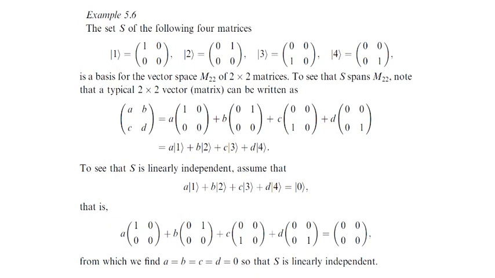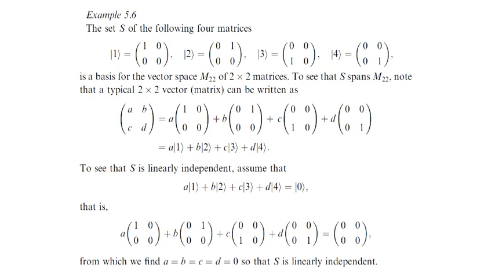Now let's go for another example. You are given a set of 4 matrices like this, where in each matrix the one is changing position. In the first matrix, one is in the principal diagonal at the top left. In the second matrix, one is in the off diagonal at the top.